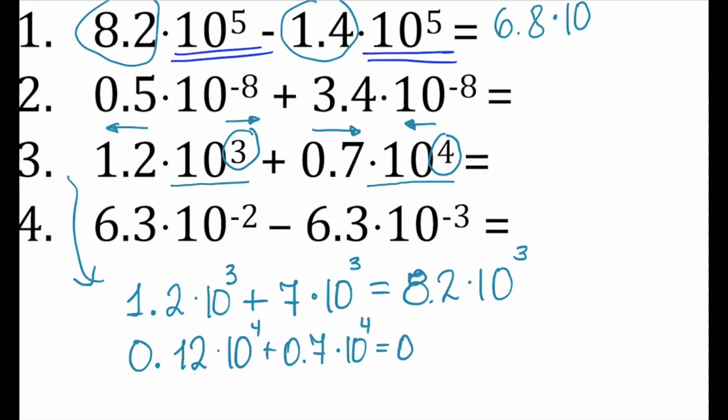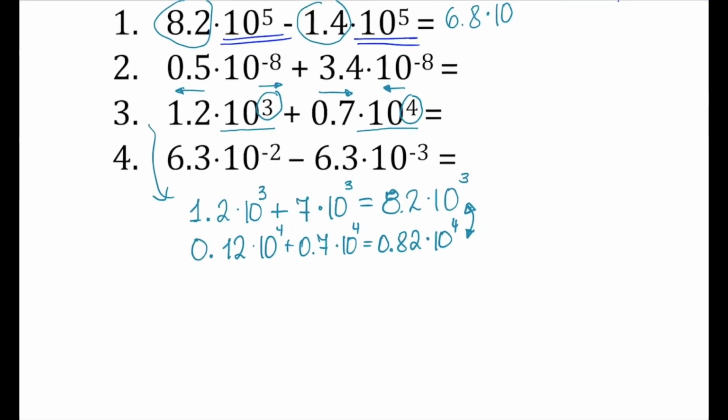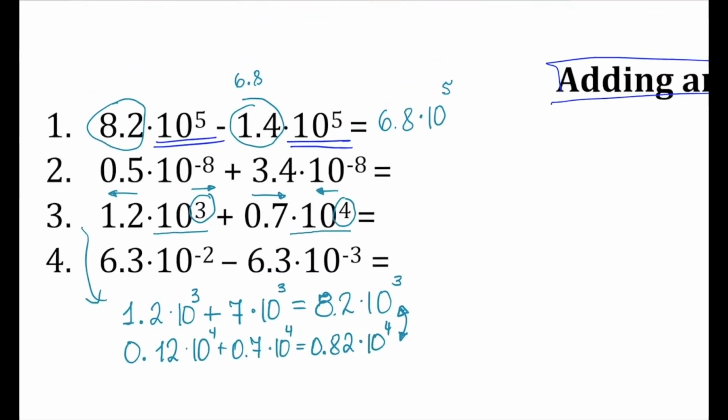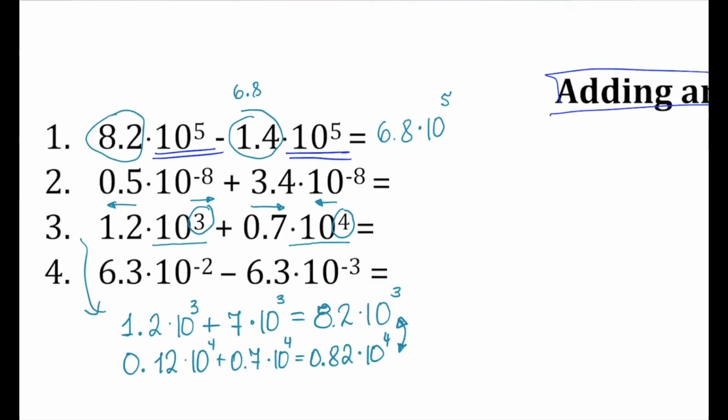Together it will be 0.82 times 10 to the fourth, which is exactly the same as the one above it, because these guys are equal. So go ahead and complete the rest of them. And when you're done, you can check the answers.